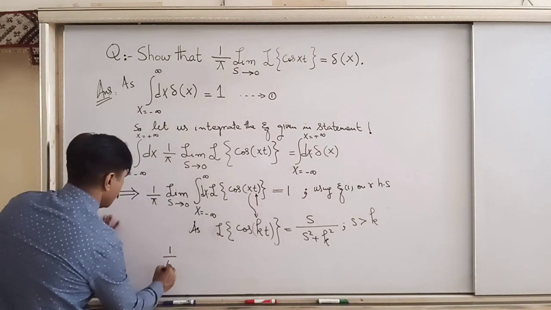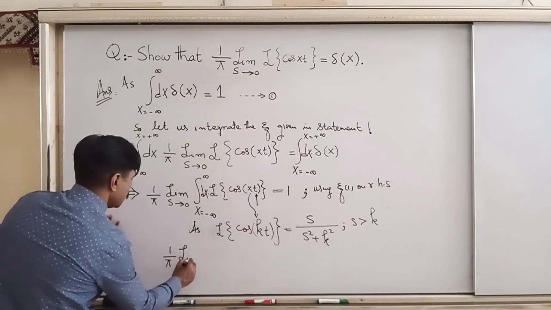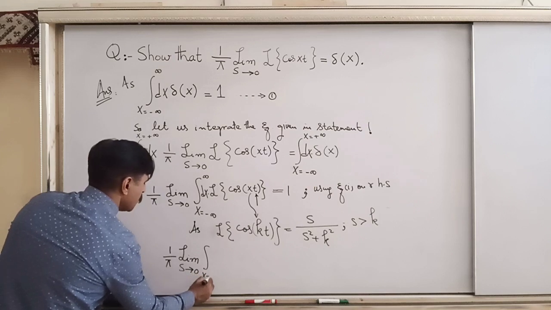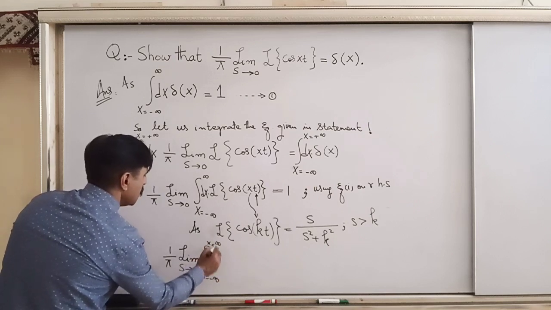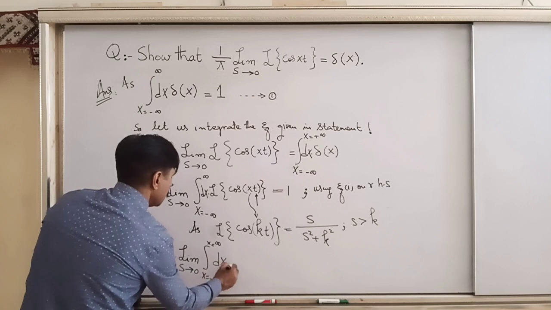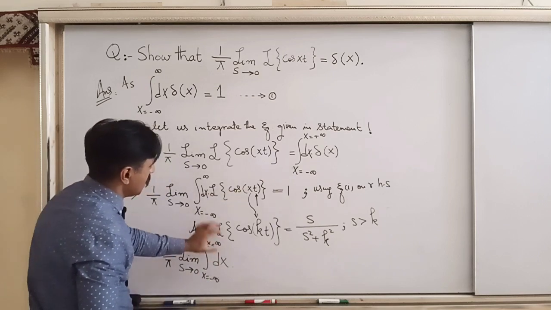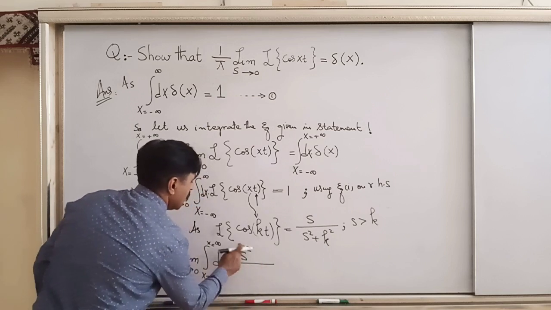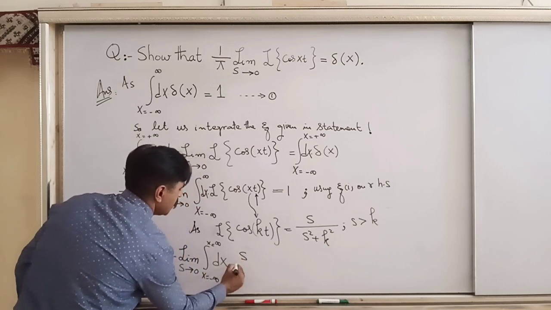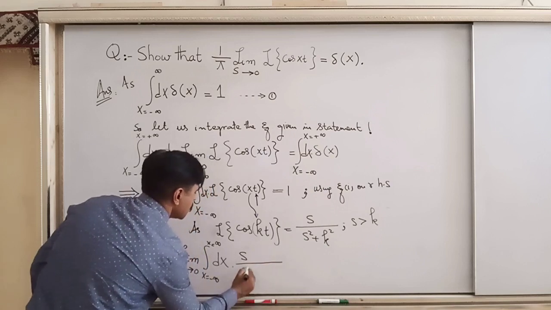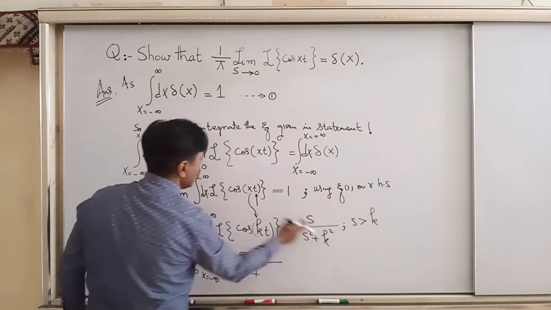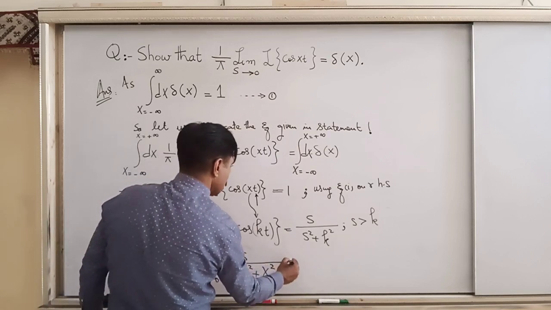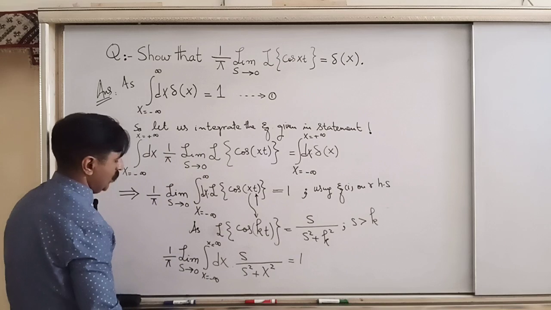It is 1 over pi limit s approaches to 0, x from minus to plus infinity, dx into the Laplace transform, which is s over s square plus, in place of k you have x, so it is x square, and on the right hand side it is equal to 1.